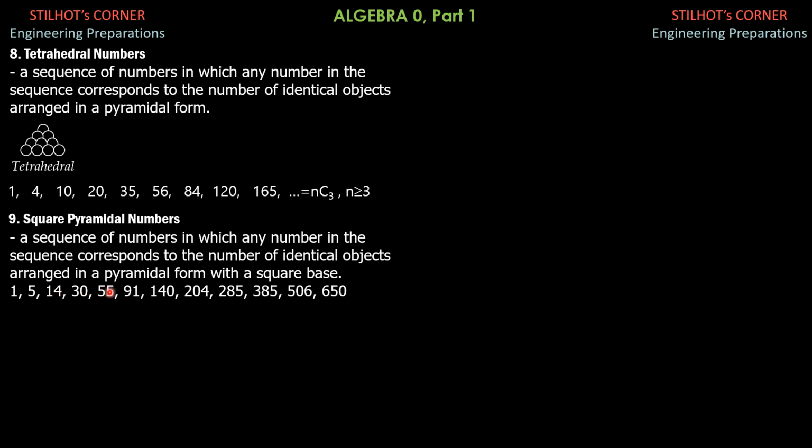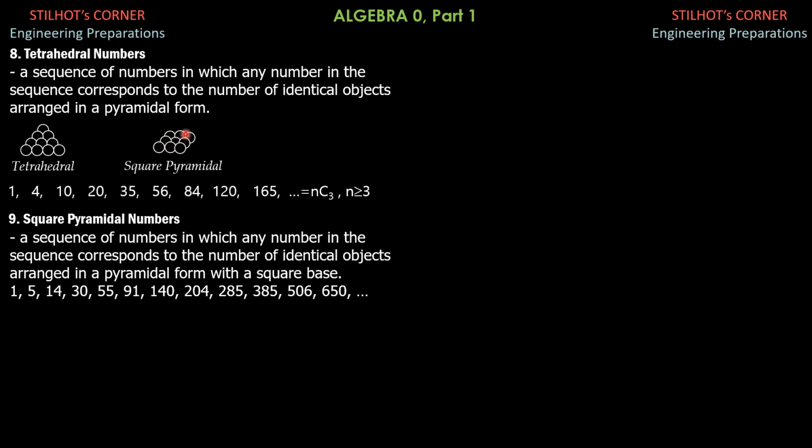And notice that the difference between these square pyramidal numbers is a perfect square. So 4, 2 squared, 9, 3 squared, 16, 4 squared, 25, 5 squared, and so on and so forth. So 1 is over 4 identical objects. So it's not complete.